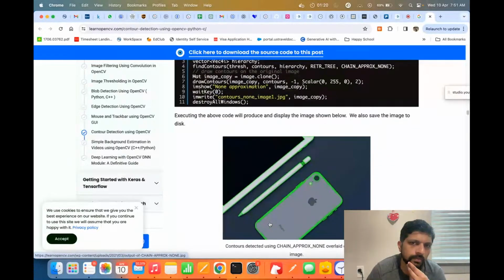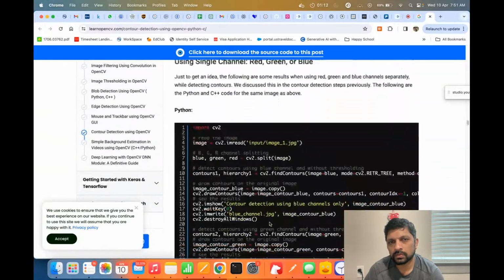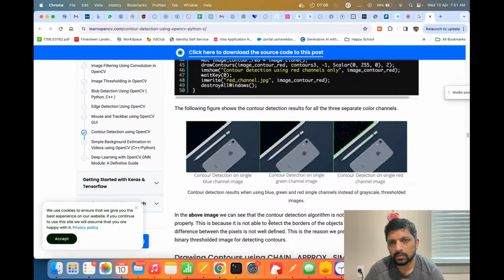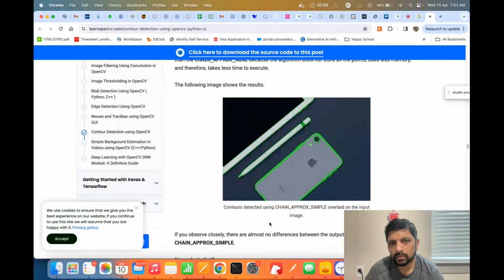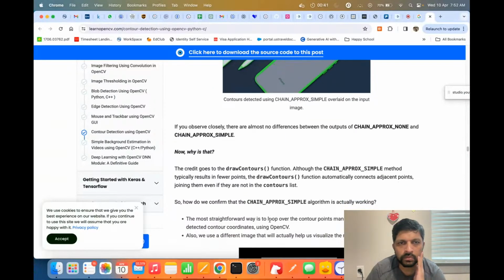Display the image. There are almost no differences between almost all of them.